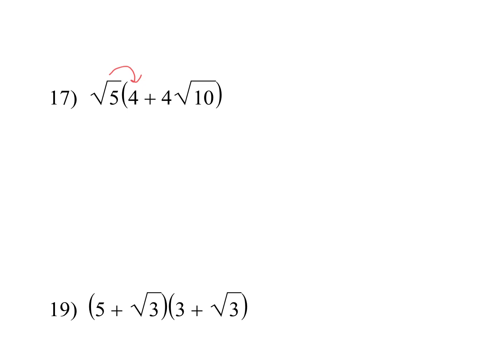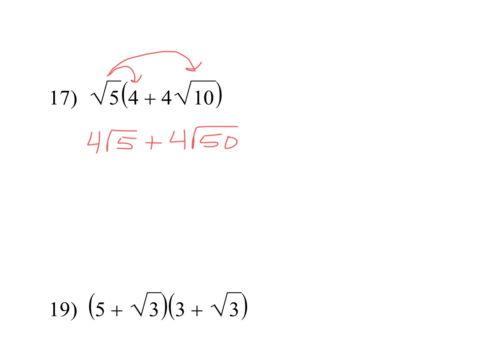So what do I do when I multiply those together? Put the 4 and then put the radical. Right. 4 square root of 5. And then with the second one, square root of 5 times 4 square root of 10. The whole number 4, and then square root of 5 times 10, 50.